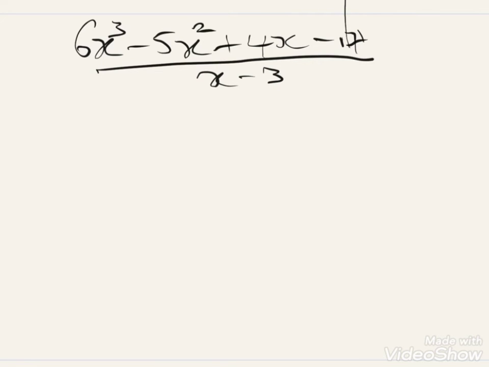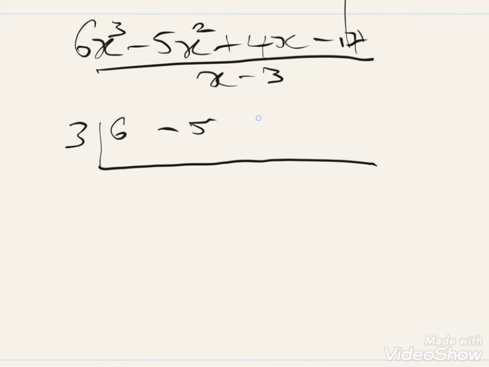All right, by synthetic division, let x minus 3 equal 0 such that 3 becomes our divisor. Now we draw the line, bringing out the first term coefficient, which is 6, then minus 5, then 4 from the linear term, then from the constant, minus 17.